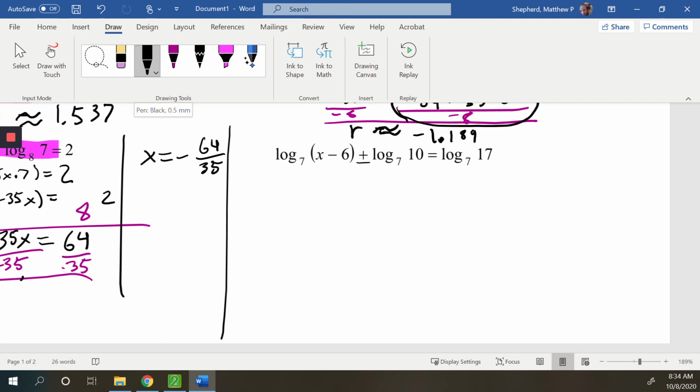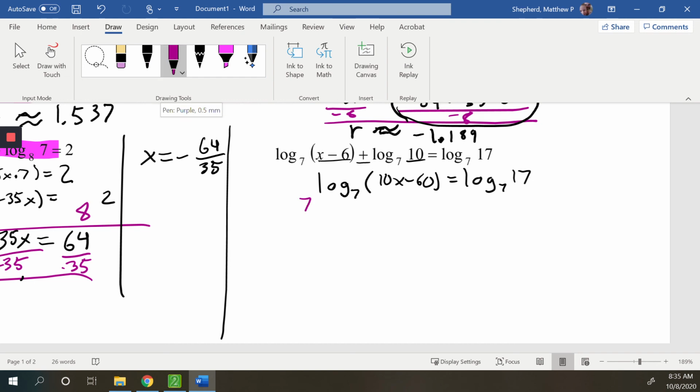We notice that it's plus again, so we'll use the product property. So I'll have log base 7 of, now this is going to be multiplying, so a 10 times the x minus 6, so 10x minus 60, and that'll equal the log base 7 of 17.